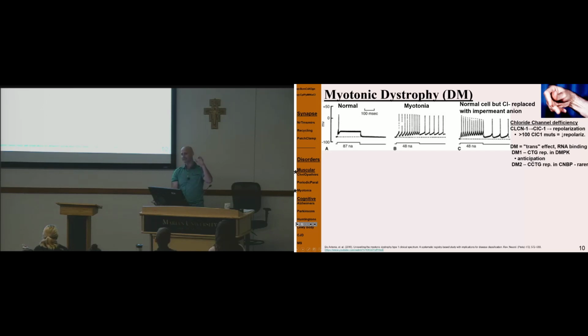Those proteins that bind RNA normally splice CLC1. So you're taking away all the machinery that CLC1 needs to splice correctly, and CLC1 splices incorrectly because these repeat-containing mRNAs are binding that splice protein. Does everyone understand that? It's a weird off-target effect.